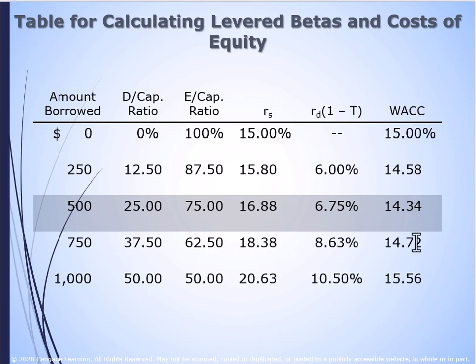Going down the list, you will see, in this case, at $500,000, that is the level of debt that's going to give us the minimum weighted average cost of capital. So what else can we do? What other mechanism can we use?